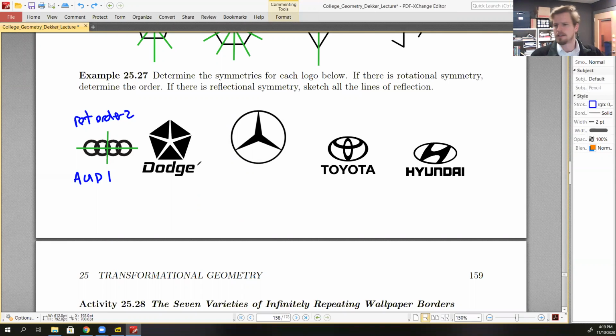Anyway, we're not concerned about the actual words of the manufacturer, of course. We're just interested in this shape here. And that shape has a rotational symmetry of order 5, because it's just like the pentagon, it just has these pieces pulled out of a solid black pentagon.